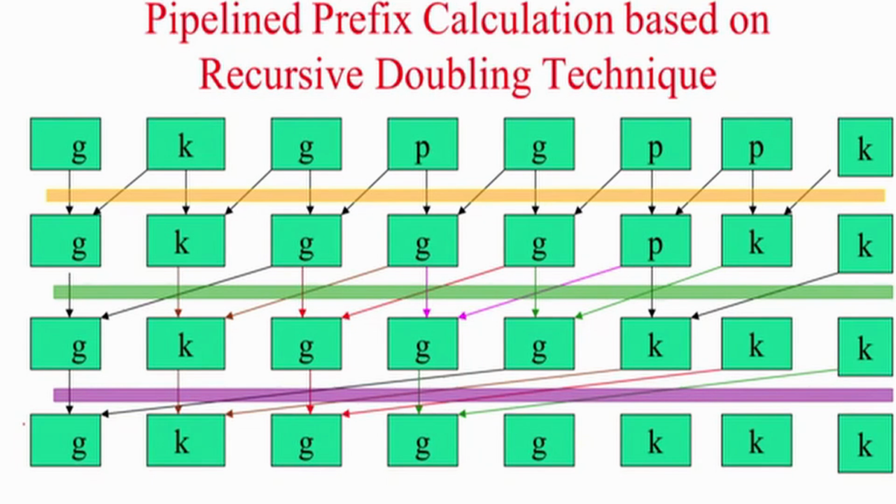What we see as this red, yellow, green and pink, these are storage, these are all registers, okay. So the first set of data will come and you calculate this first stage and you store the results. Let us call these stage 1, stage 2, stage 3 and stage 4, okay.